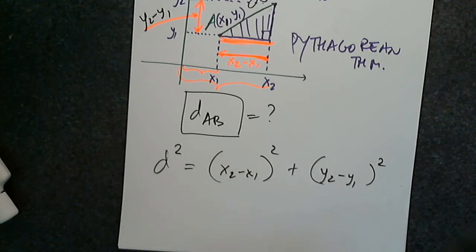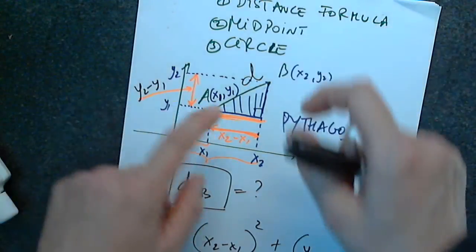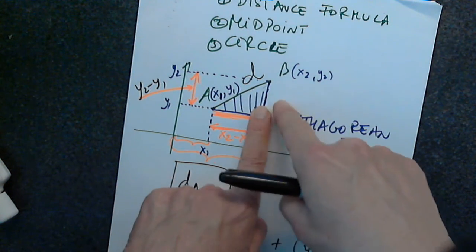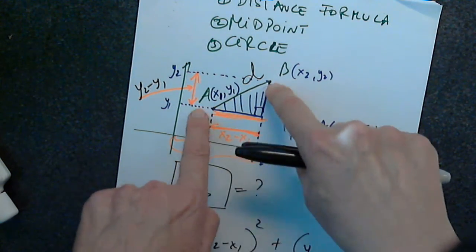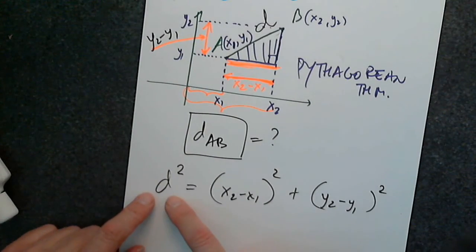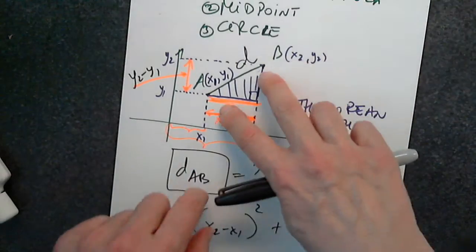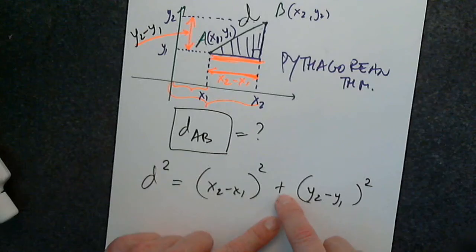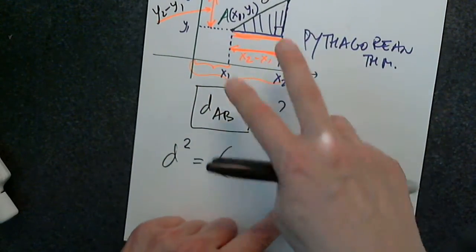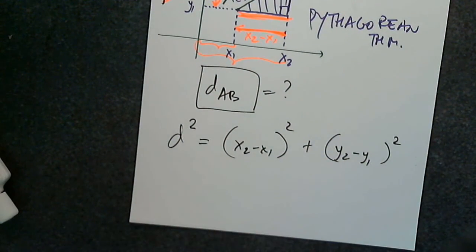So the longest side squared is always the sum of the squares of the legs. The longest side is the hypotenuse, that's why it's d squared here. And these are the 2 legs. So this will always be the sum of the measures of the 2 legs squared.